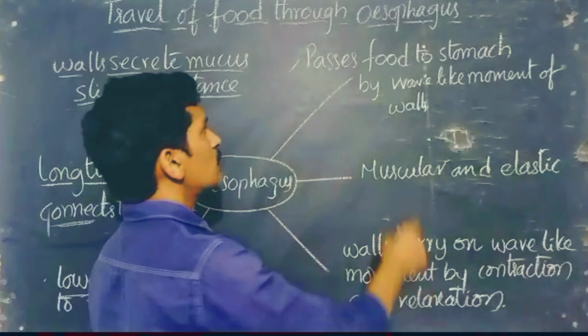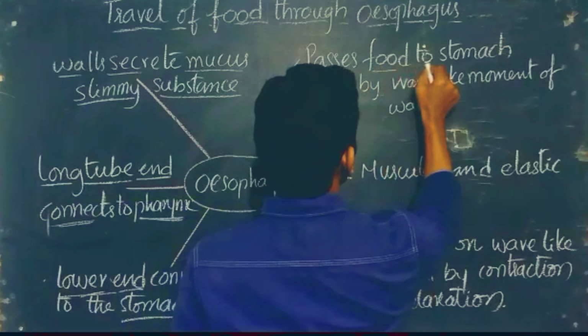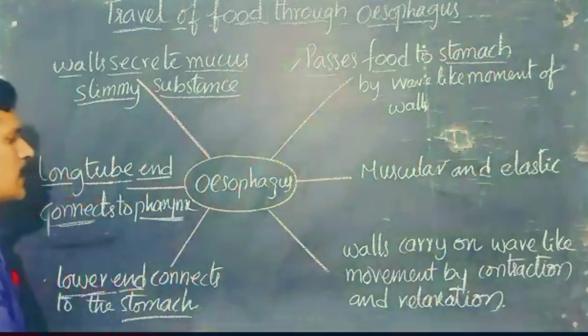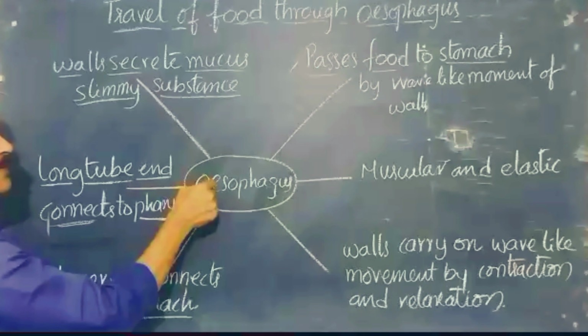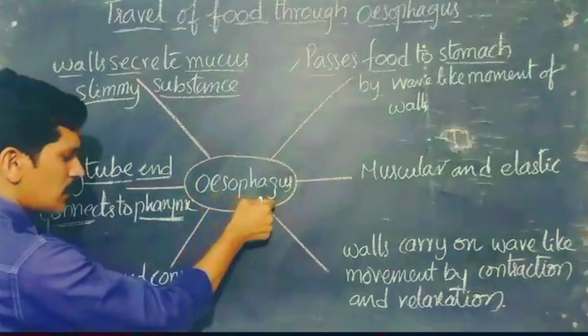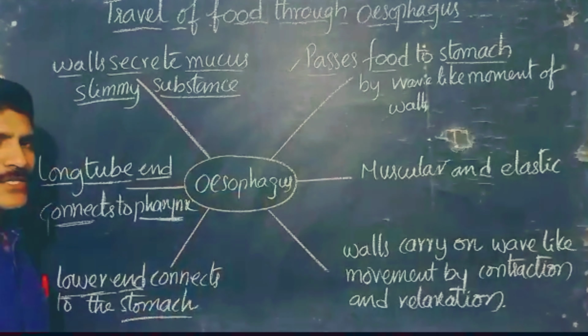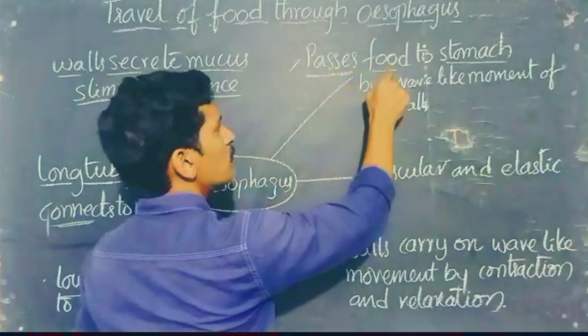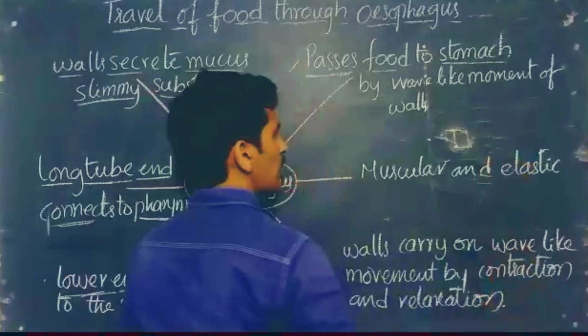The esophagus passes food to the stomach. When food enters the pharynx, it passes through the esophagus and enters the stomach.